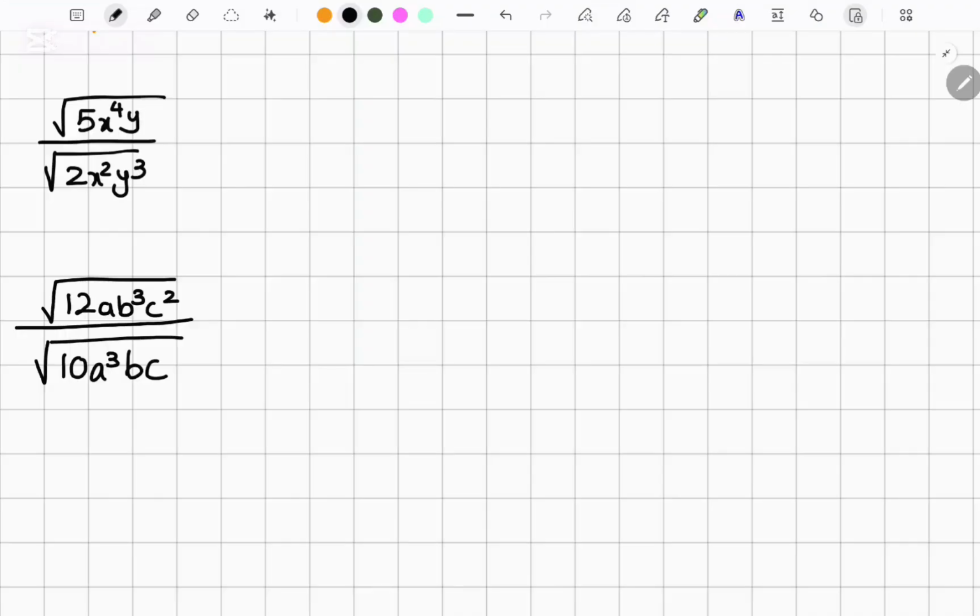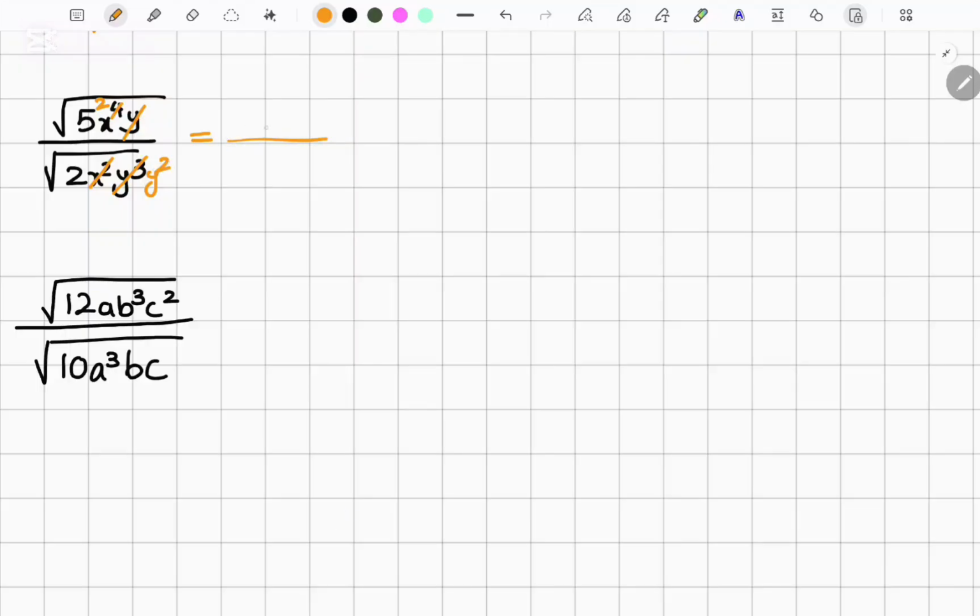Okay, the very first thing that you need to do in order to see if you need rationalizing or anything else is to simplify radicals and write them in the simplest form possible. So the first thing is that I will simplify this x^2 and this x^4, and it's going to be x^2 on the top, and then y and y cubed, and it's going to be y squared in the bottom.